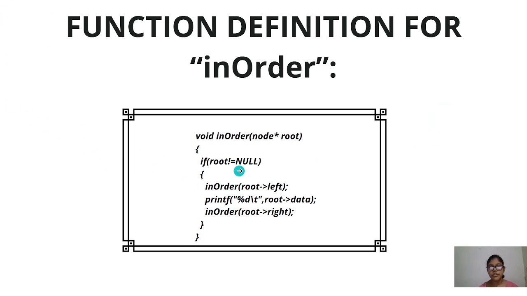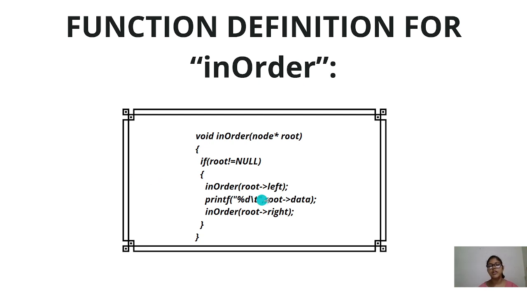Here we know the main motto of in order. It goes to the left first, and then root, and then right. And as I had told, the concept of BST is that it stores smaller data on the left side, greater data on the right side. So obviously the smallest data will be present at the leftmost place.